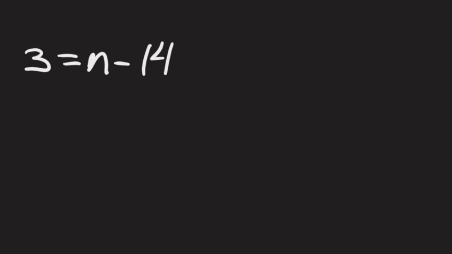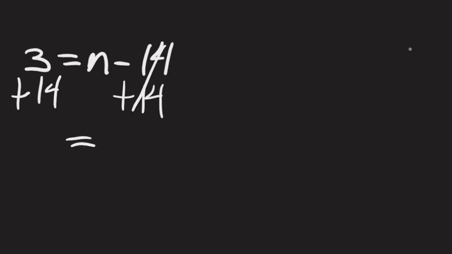The way that we move negative 14 to the other side of the equal sign is by adding 14 to both sides. On the right side, the negative 14 and plus 14 cancel each other out, and we're left with n. And on the left side, we have 3 plus 14, which gives us 17.